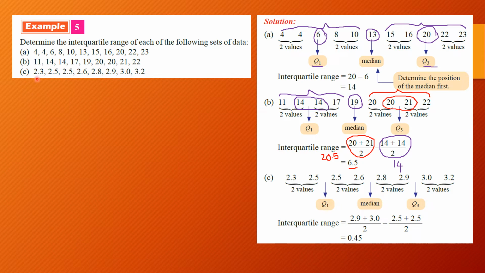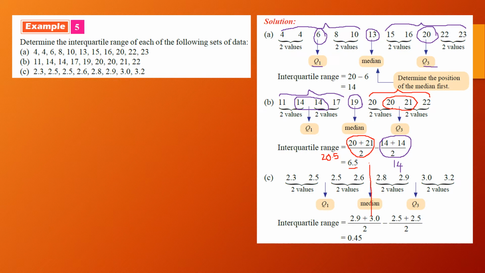Then part C, given data 2.3, 2.5, 2.5, 2.6, 2.8, 2.9, 3.0, 3.2. So total values is 8, an even number. So first, we divide this data into 2 parts.